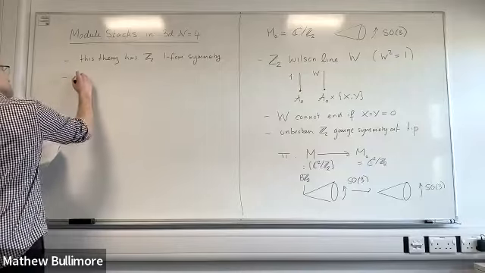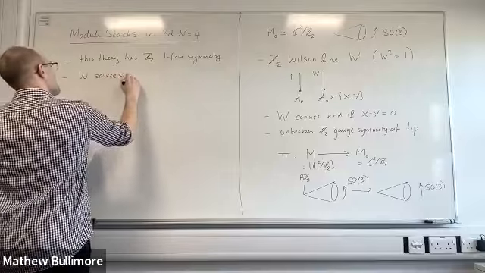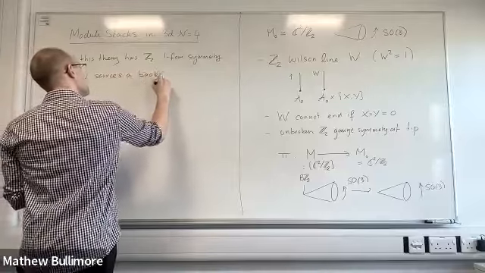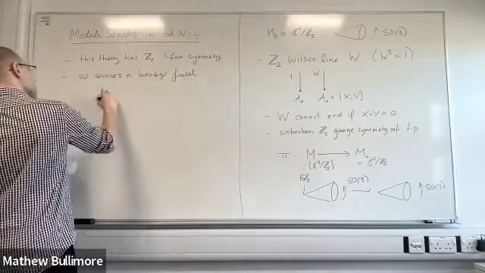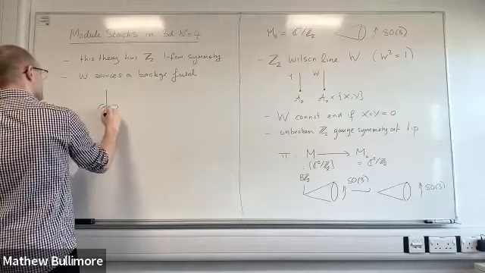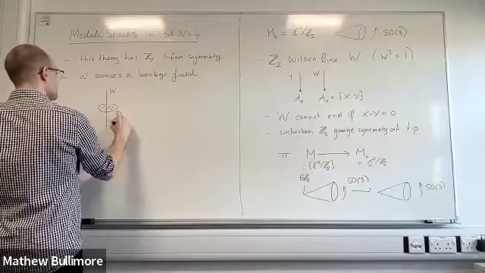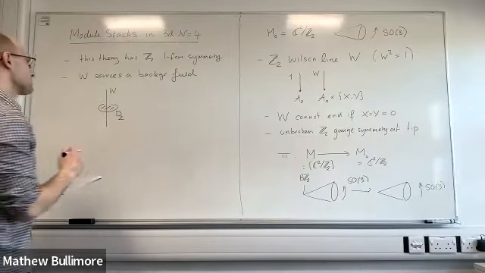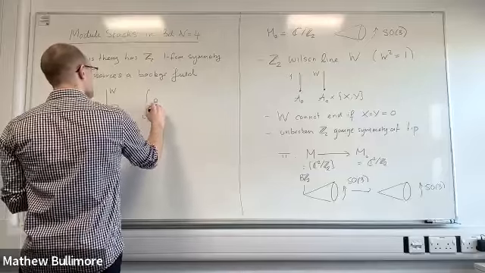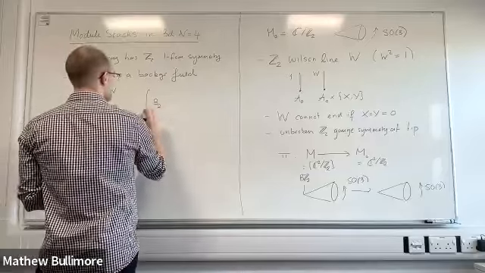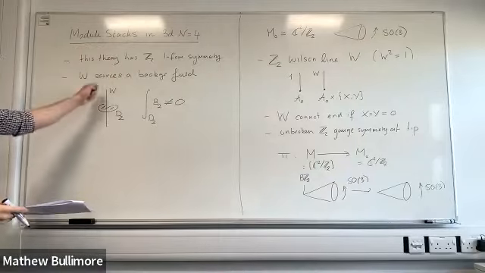And it turns out that not only does it do that, but W itself sources a background field, a background gauge field for it. So in particular, if here's my line W, and here's a small disk D2 that's intersecting it, then it has the property that it forces the background gauge field B2 to have a type of singularity on the Wilson line.